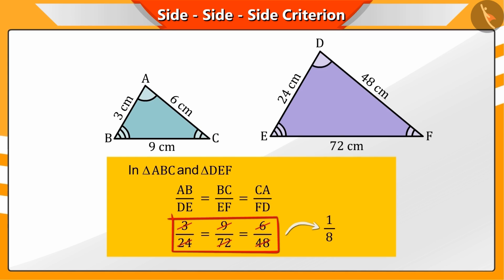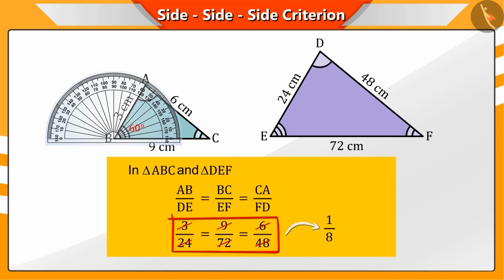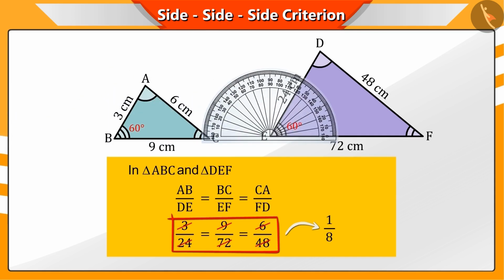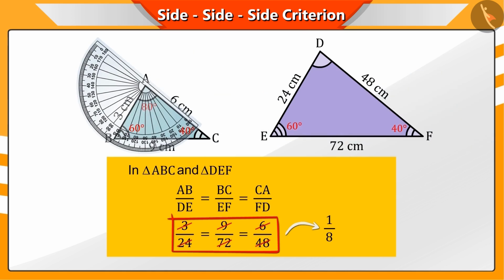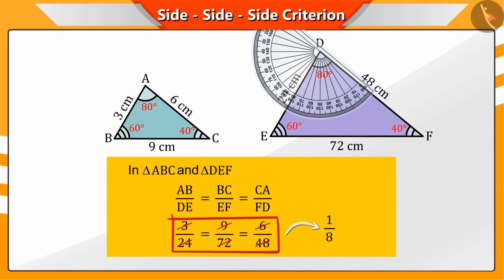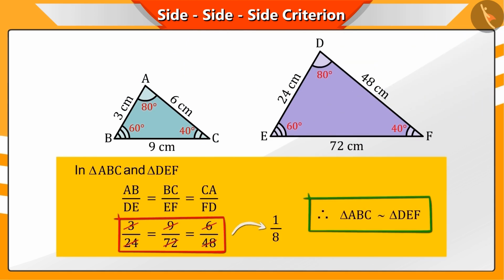The ratios of the corresponding sides of both the triangles are 1/8. And if we talk about the angles then, the corresponding angles of these triangles are also equal. This way, we can say that triangles ABC and DEF are also similar.